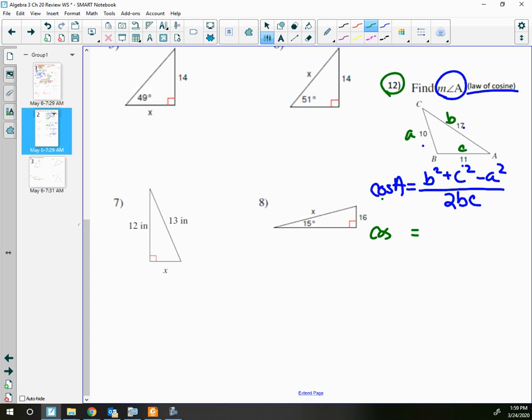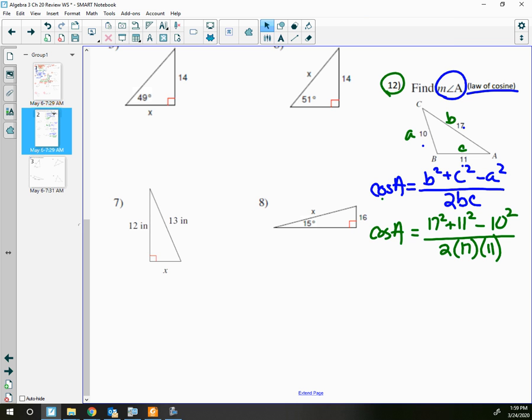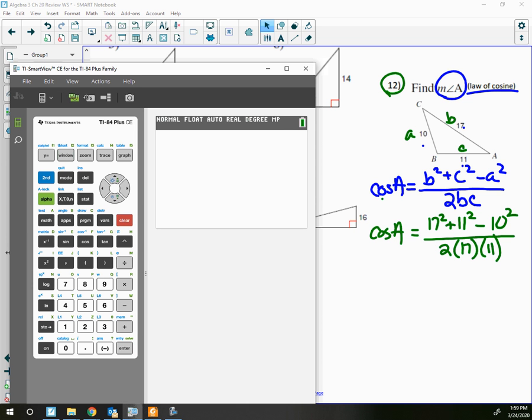So the cosine of A would be equal to 17 squared plus 11 squared minus 10 squared over 2 times 17 times 11. Now, when we did law of cosines, we talked about lots of different ways that people do this. It's kind of a personal preference. Some people do the whole numerator first, so they type in 17 squared plus 11 squared minus 10 squared, and they get that answer.